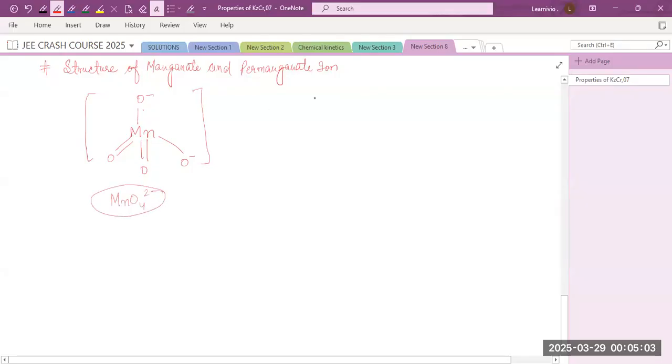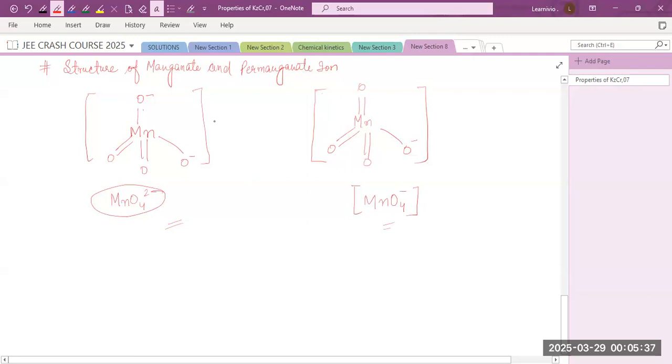And this is permanganate, MnO4 minus. Manganate ions and permanganate ions both exist in a tetrahedral form. Both are tetrahedral in structure.